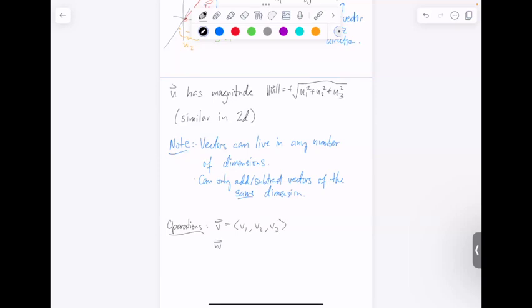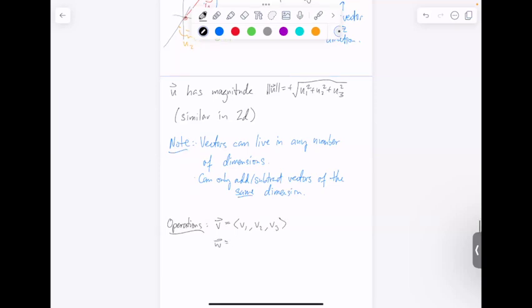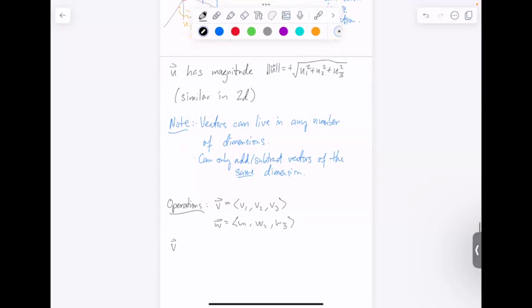So if I have V with these components and W with these components, then it's very straightforward. V plus W is a vector where you just add component-wise. In the X component, you had V1 and W1. Now the new resulting vector has component V1 plus W1. Then you have V2 plus W2, and then V3 plus W3.